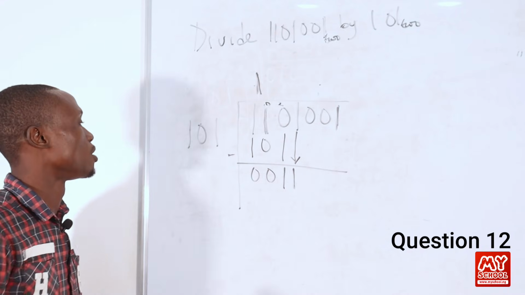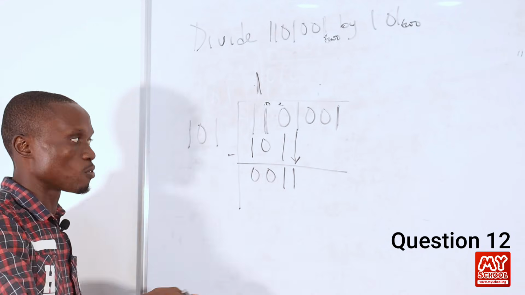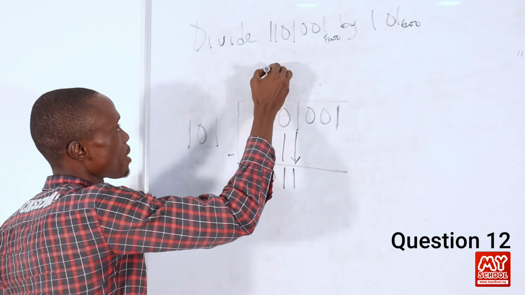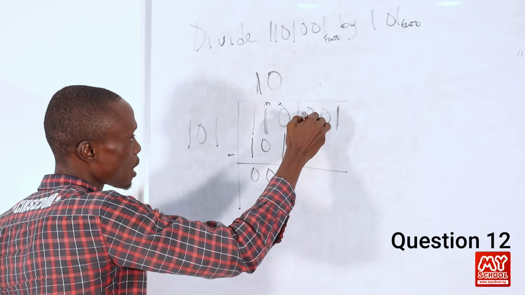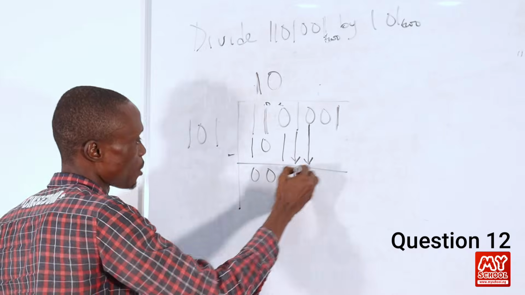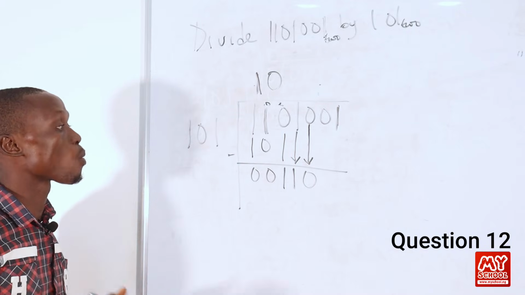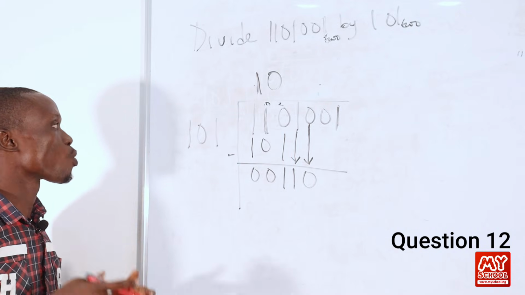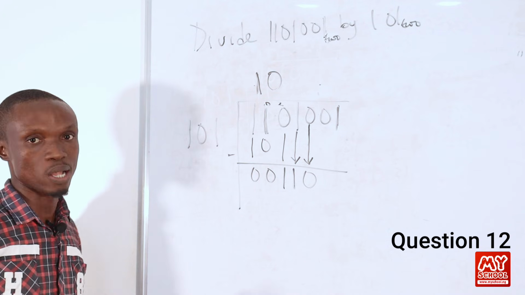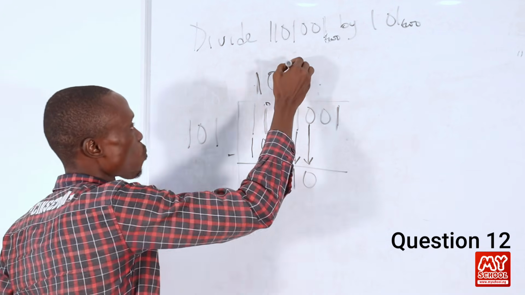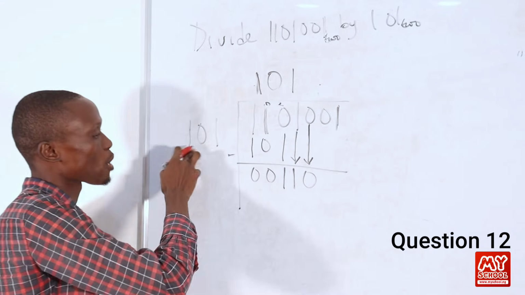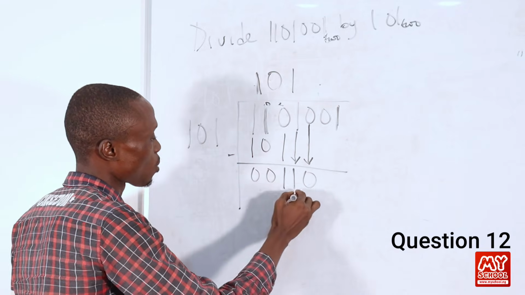Now we divide again. 101 into 11 cannot, so we write down 0 here, and we bring down this 0. So we now have 110. 101 into 110 gives us 1. Then 1 times 101 gives us 101.